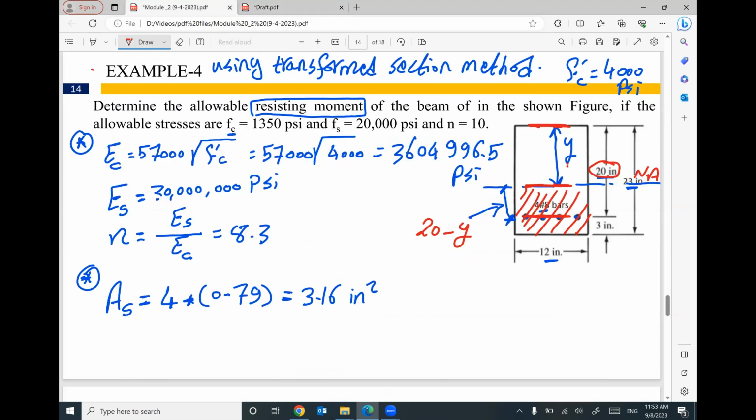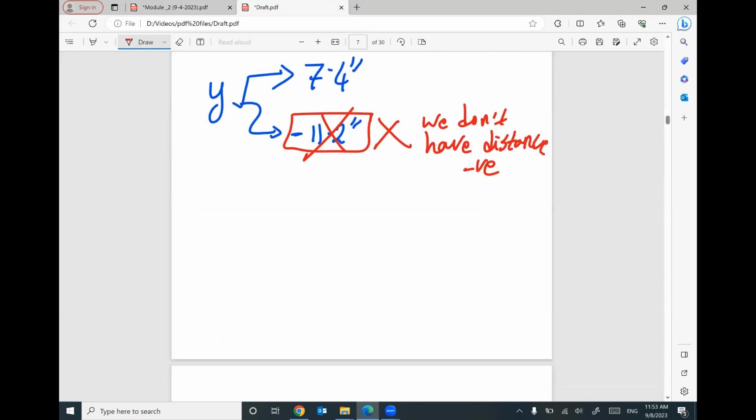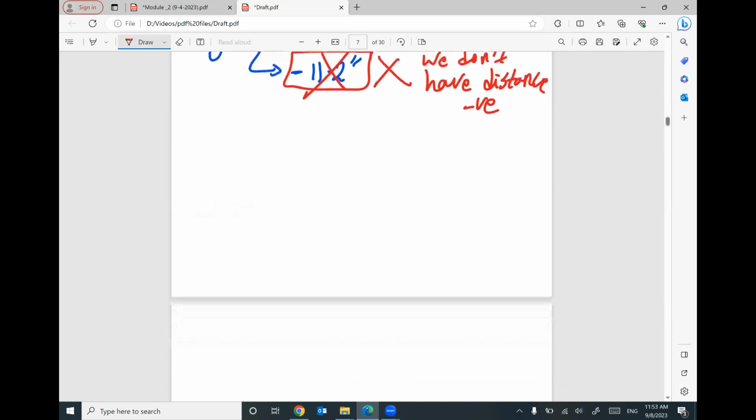Does that make sense? So the neutral axis will be at a distance from the top equal to 7.4 inches. Let me redraw. This is the part of the cross section. This is the neutral axis. This is the equivalent concrete.